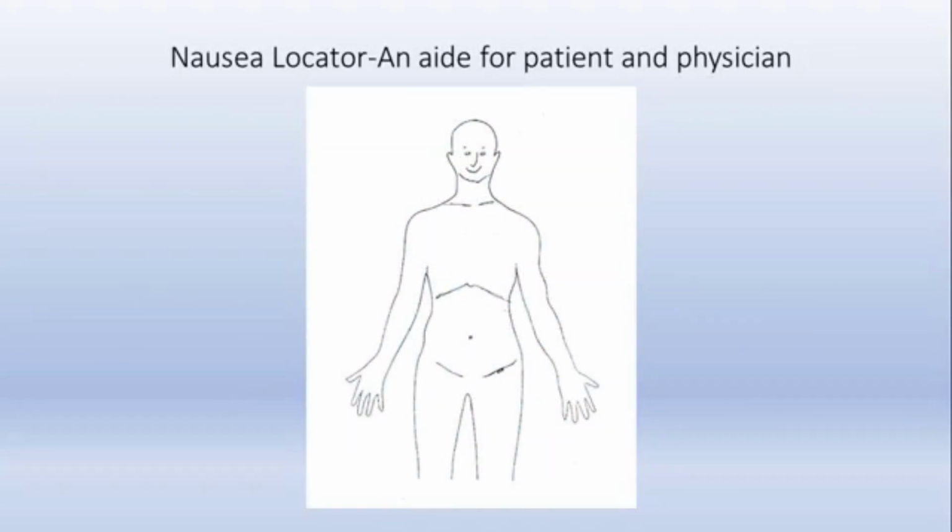I show all my patients this diagram, and I call it a nausea locator, and it helps me. I describe this figure. I ask the patient to consider a map of their body with the head, the neck. You can see the chest is outlined. I show the belly button, halfway down the abdomen, the groin, arms and legs, and I say, where is your nausea?